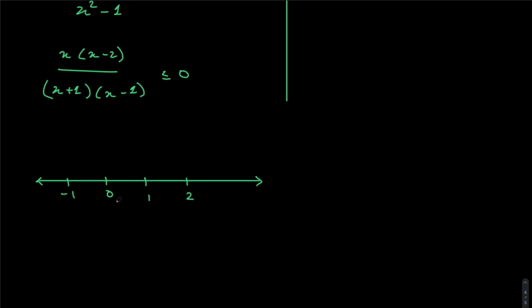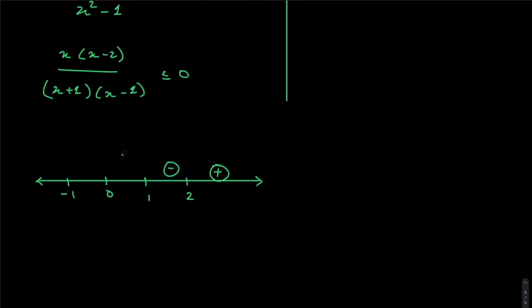If I take a look closely, maybe I'll take some value like 10: positive, positive, positive, and positive. So this region is going to be positive. If I take any value right here, this is going to be positive, this is going to be negative, this is going to be positive, and this is going to be positive. So it's going to be negative right here.